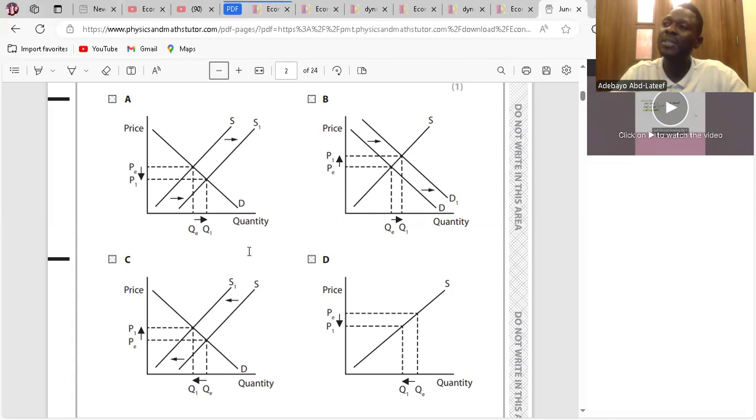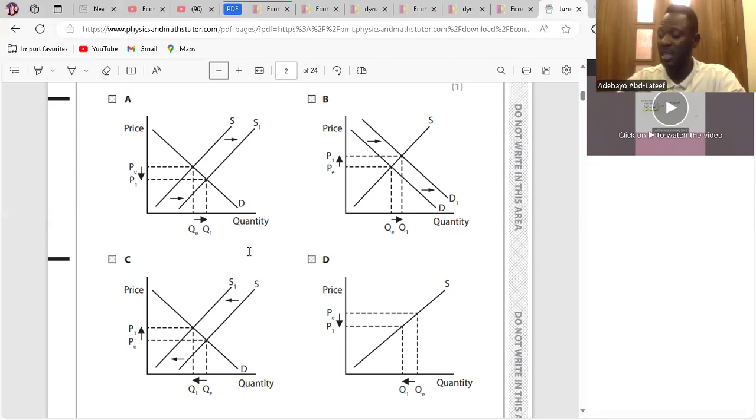So an increase in the demand for helmet will increase the price for helmets, making us have a higher equilibrium price from PE to P1. Are you with me? Yes. Which means the quantity will have increased from QE to Q1, which is a response to the price, which comes as a result of a movement along the supply curve, shifting the demand curve rightward from D to D1.